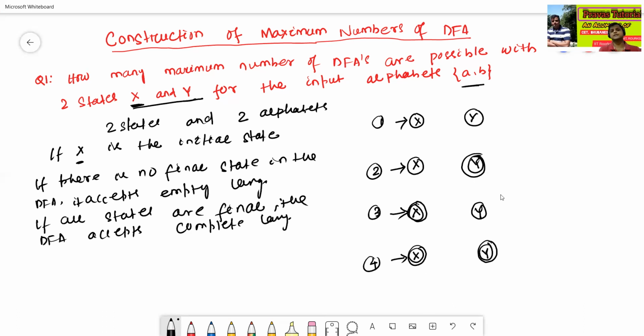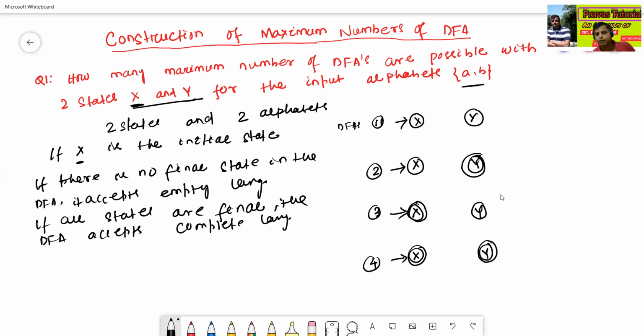We discussed empty language and complete language in the first class, so no need to discuss here. In the first case, there is no final state, so this DFA, DFA1, will accept only the empty language.